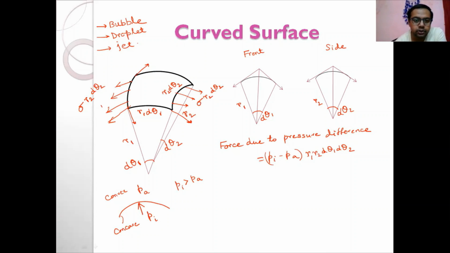The same force acts on the opposite side also. As this length is R2 d theta 2 and the surface tension is sigma, the force acts this way, sigma R2 d theta 2, on this side and again the same on the other side.